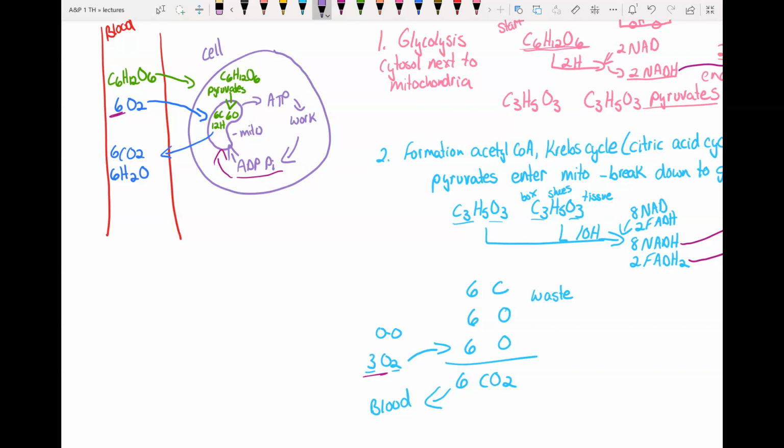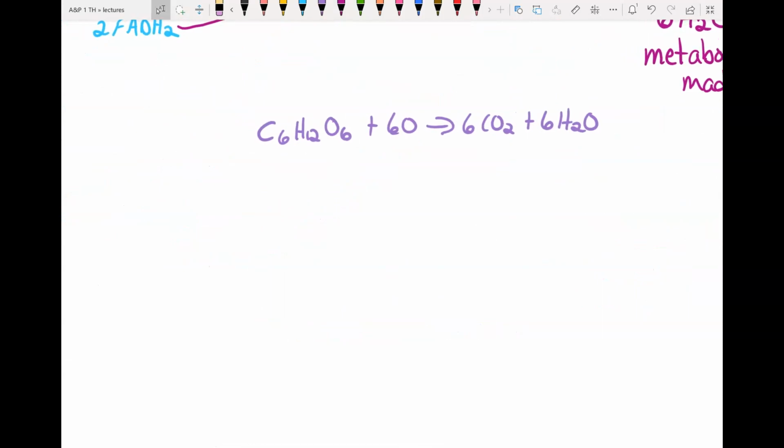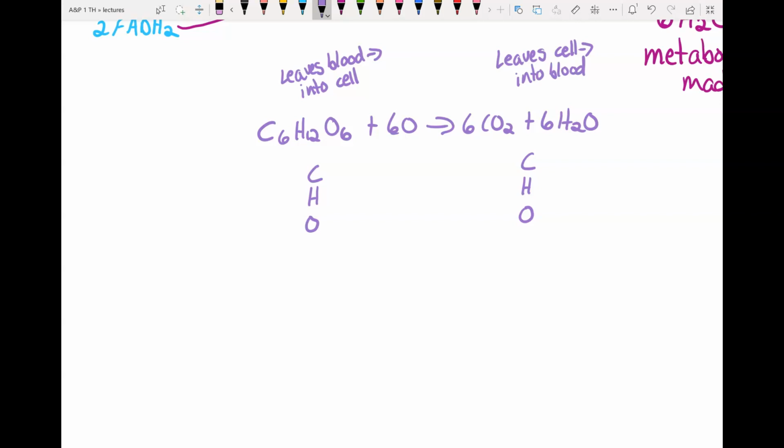Now what goes in has to equal what goes out. So let's check our math and make sure we did this right. We're going to have carbon, hydrogen, and oxygen atoms. On the left, this is what leaves the blood and enters the cell. And on the right is what leaves the cell and goes into the blood. We need to make sure these two sides equal each other.